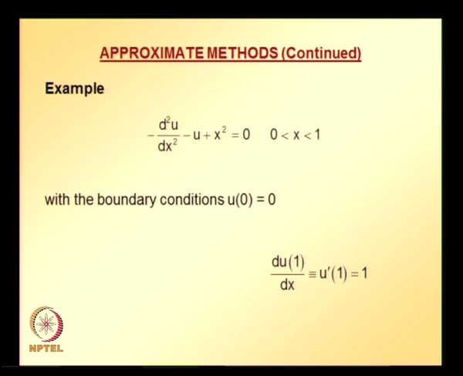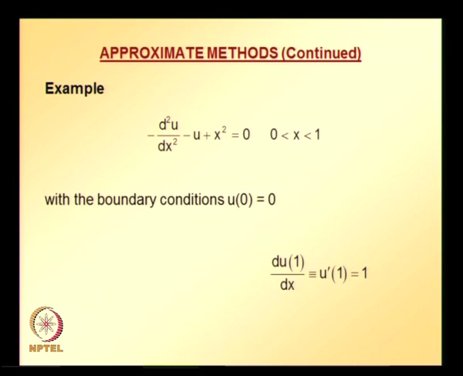And if you compare with the thumb rule that we already noted, it turns out that one of the boundary conditions, that is u at x equal to 0, is essential, and the other boundary condition, which involves the first derivative of u, is a natural boundary condition. That is just a side note.